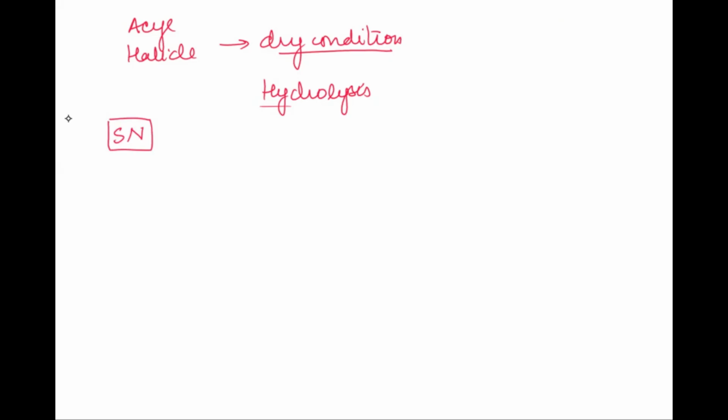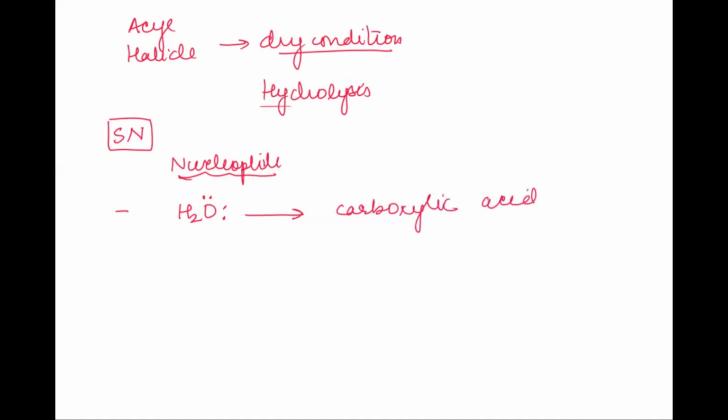The nucleophiles which can attack the acyl chlorides include water. Water is one nucleophile which has two lone pairs, and when acyl halides react with water, they will give you the carboxylic acid back again.